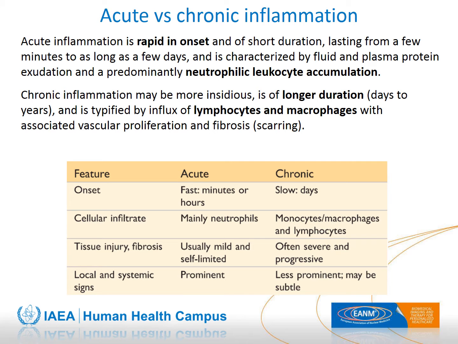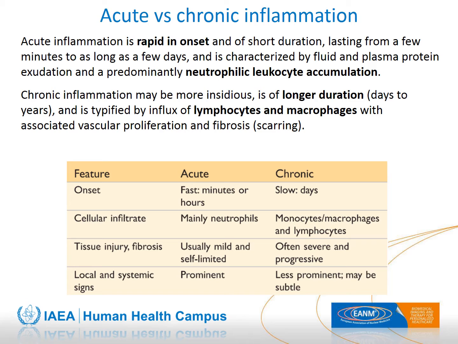Other factors which differentiate acute from chronic inflammation are the onset of this process. It's usually very fast in an acute case, while chronic inflammations are insidious.